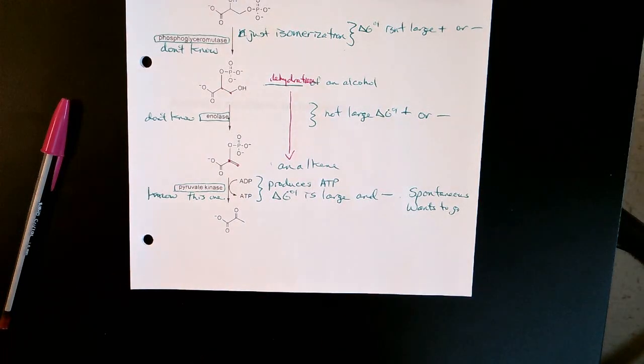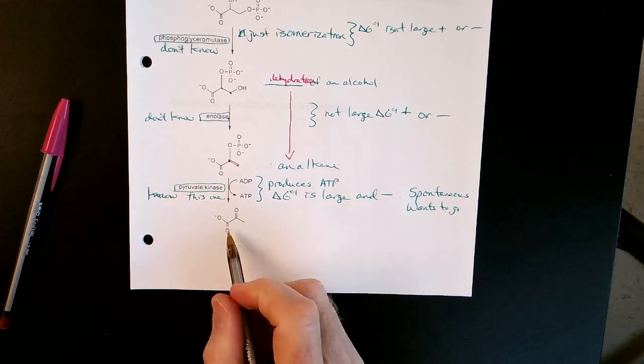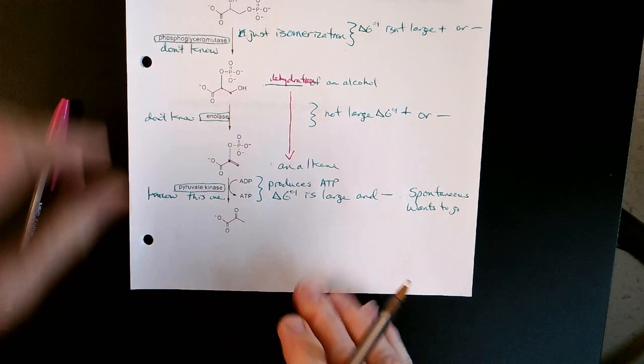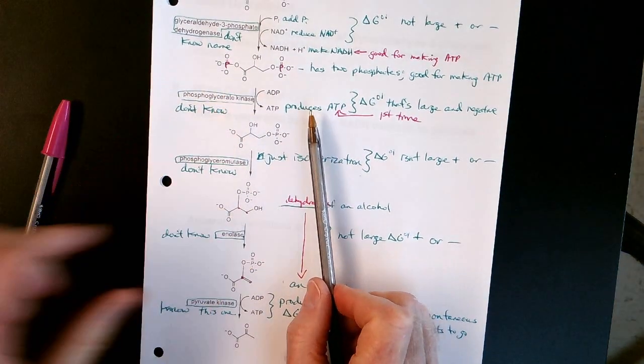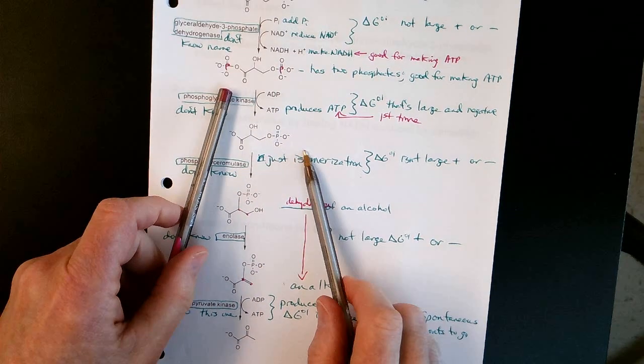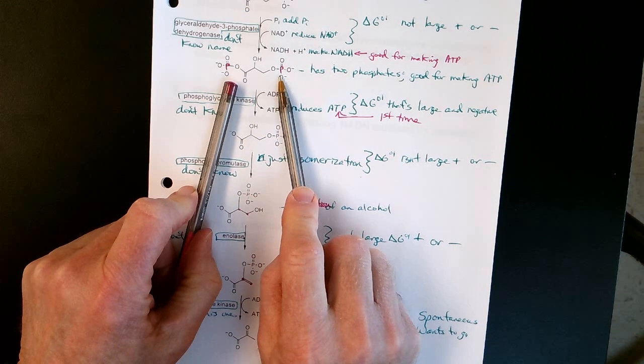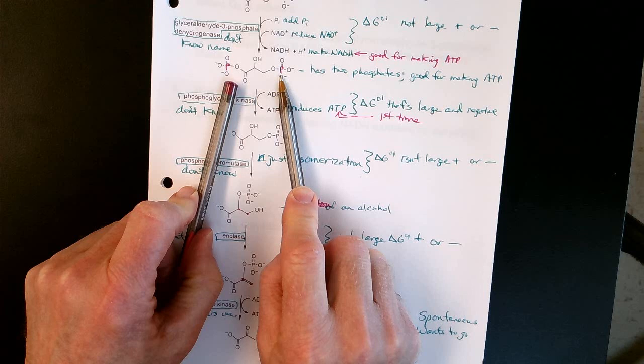And at the end, you have this compound right here that's got no phosphorus in it anymore. Near the top of the page, you were at the point where glucose's 3 carbons were loaded up to the tune of 2 out of 3 of them having a phosphate.